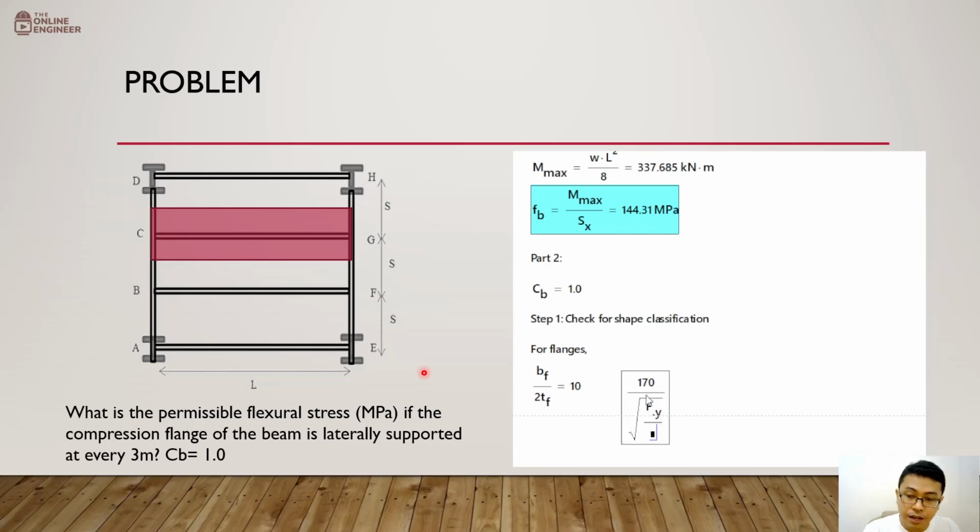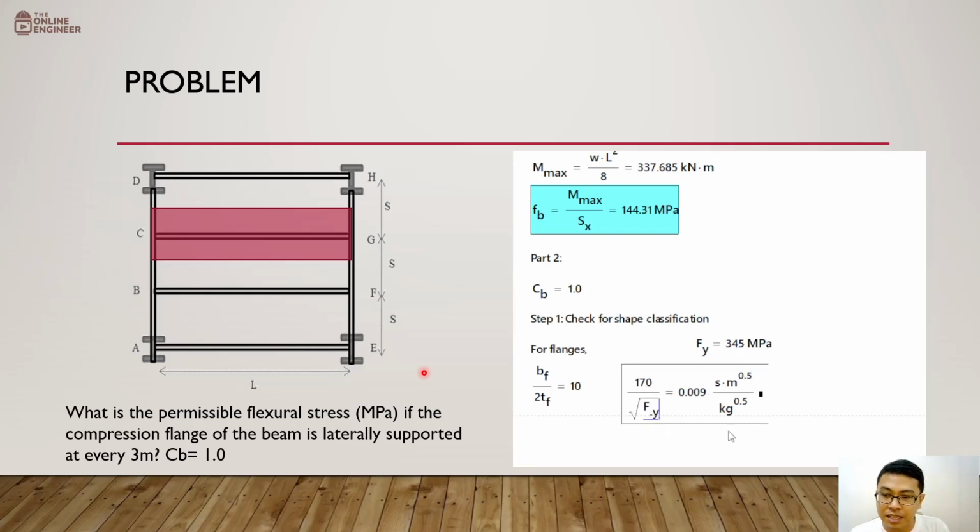Now here in MathCAD, I will just divide this by megapascal because I want it to perform the calculation without the unit, because Fy here has a unit of megapascal. If I'm not going to add this megapascal, look what happens. The units here get messed up. So I'm just going to add in a megapascal over here so that this would show the value for our limit. So it's 9.152.